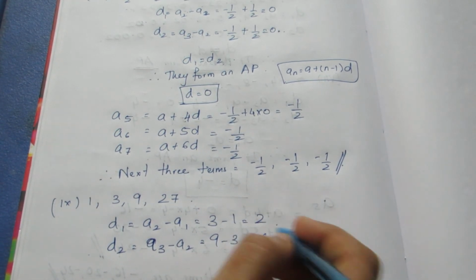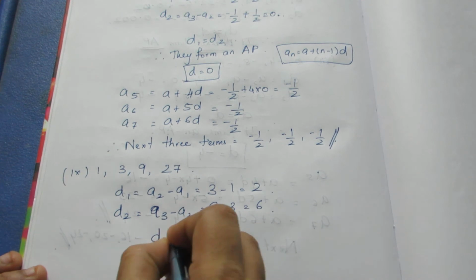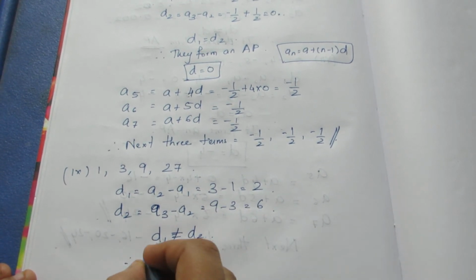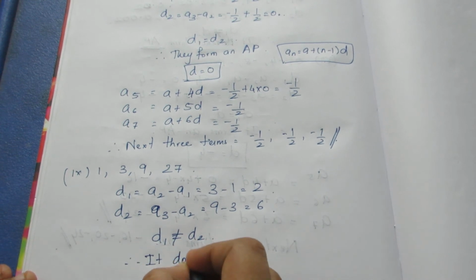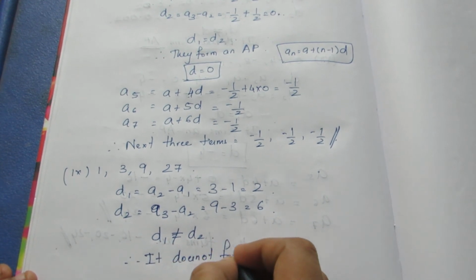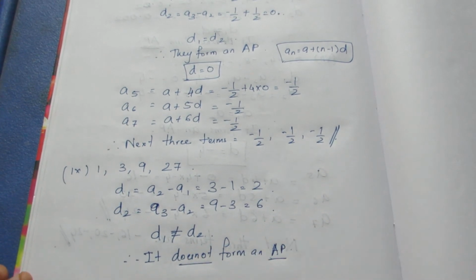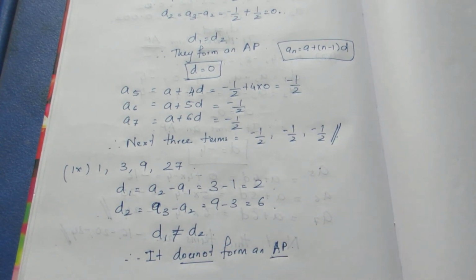See, it is not equal. D1 is not equal to D2. Therefore it doesn't form an AP. So the 9th one is not an AP. We'll move on to the 10th one.